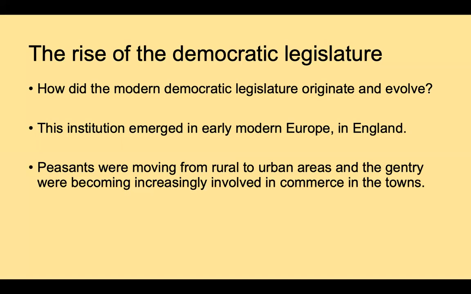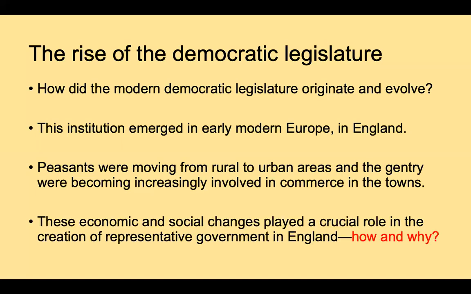This is a transition from purely agricultural activity that took place primarily in rural areas in the countryside. And this stimulation of commercial activity in the towns was an important shift. It was a social and an economic shift, but it was also a transformation that would bring about political transformations of an important scope. And those transformations would themselves create the foundation for representative government in England.